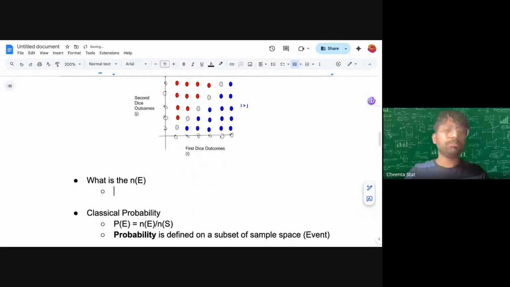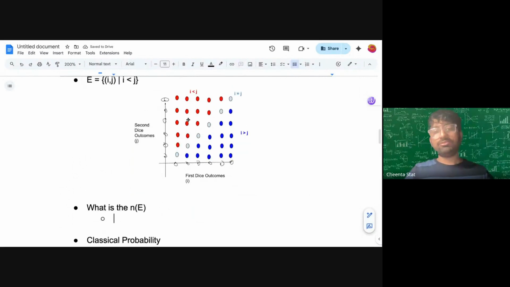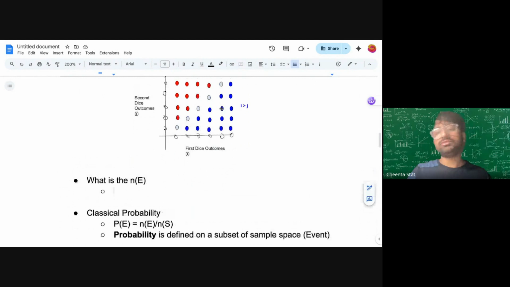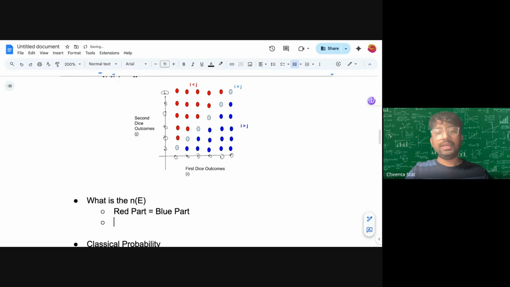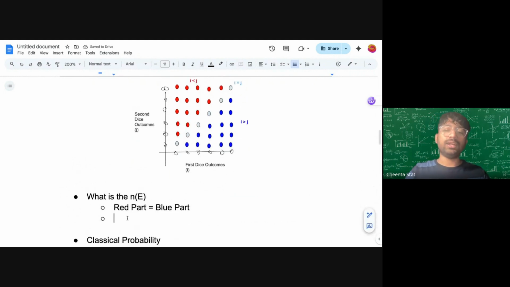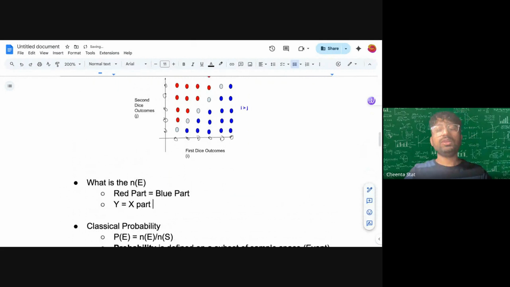The n of E is simple, and you can use two different ways to find it. One is counting the elements. You can see that the red part is equal to the blue part. And there is a dark middle part, the y equals x part.